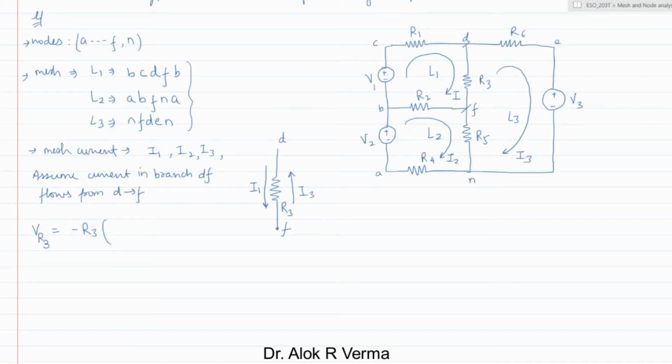When the current is D to F, I1 will be positive and I3 will be negative. This is the logic.